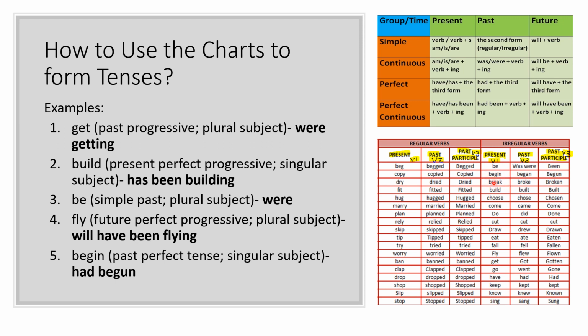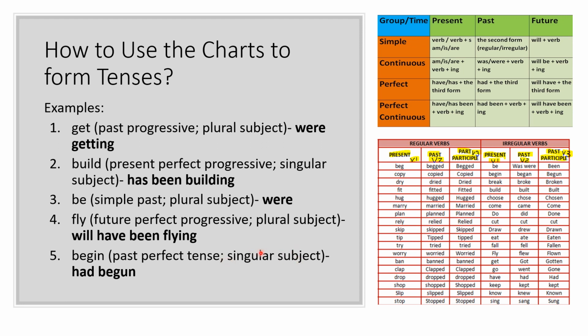Here is the verb begin. So we are supposed to use its third form. The third form or the past participle form of begin is begun. As you can see here, you don't have options. It is standard that you only use had, regardless of the number of the subject.